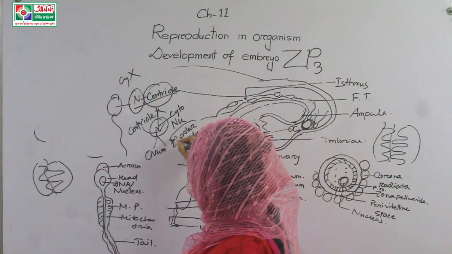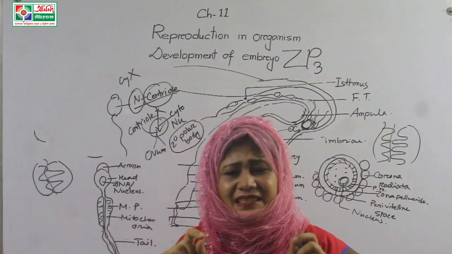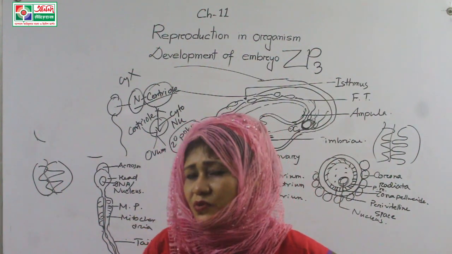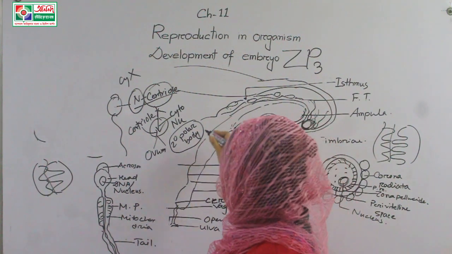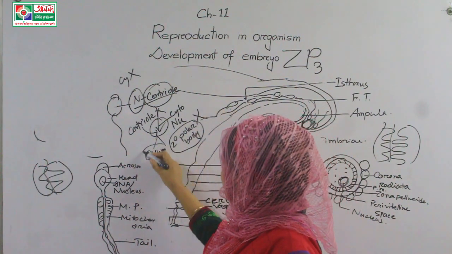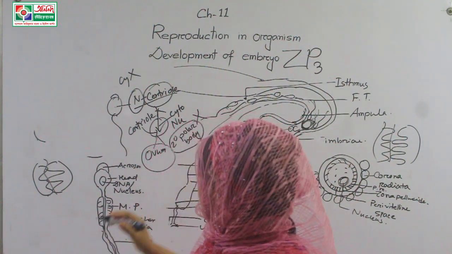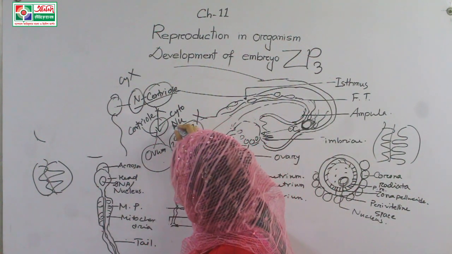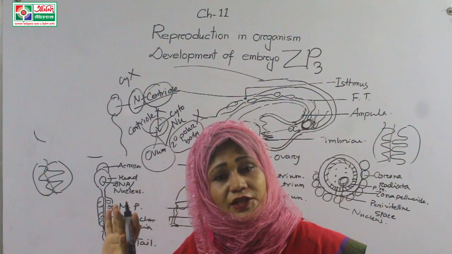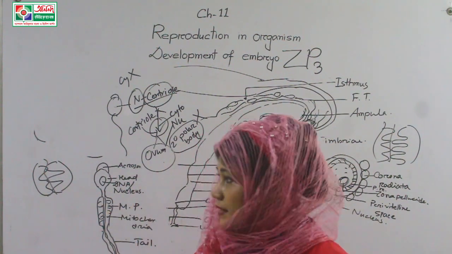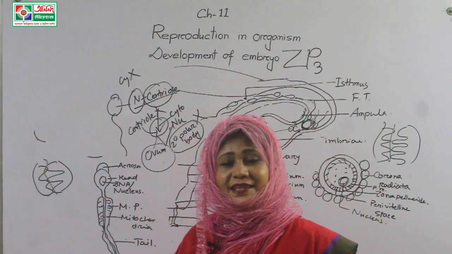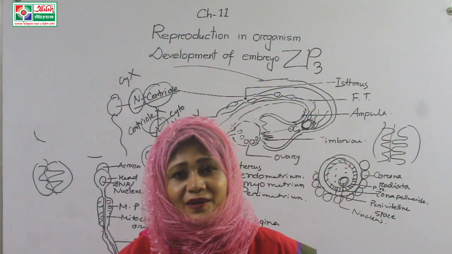This secondary polar body has little cytoplasm, so it is of no use. We need the ovum because it has lots of cytoplasm, and this ovum will fuse with the nucleus of the sperm.